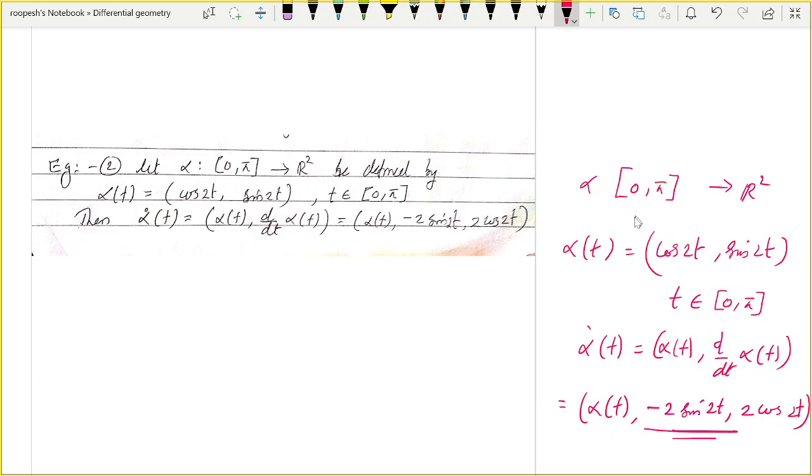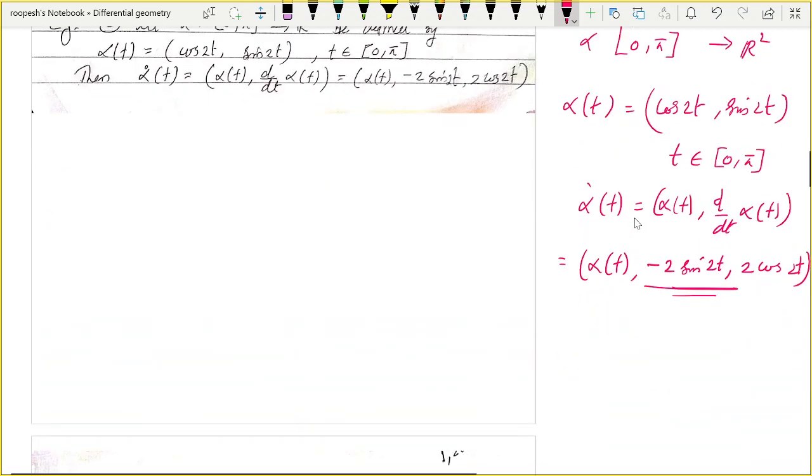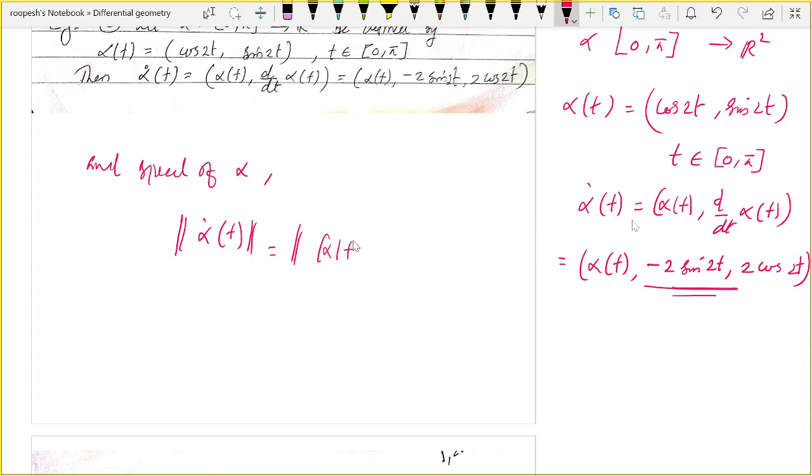Now suppose they ask what is the speed of alpha. How do we find the speed of alpha? That is the norm of alpha dot of t, which equals the norm of alpha of t comma (minus 2 sin 2t, 2 cos 2t).